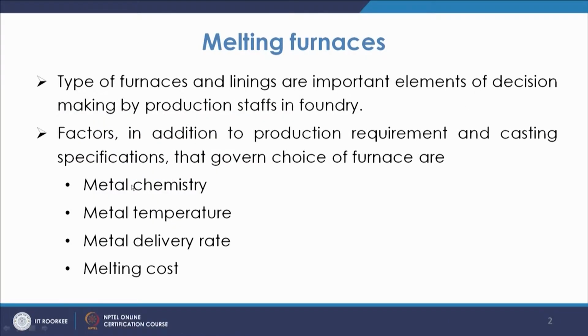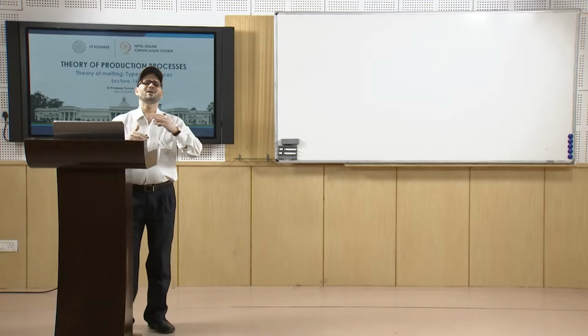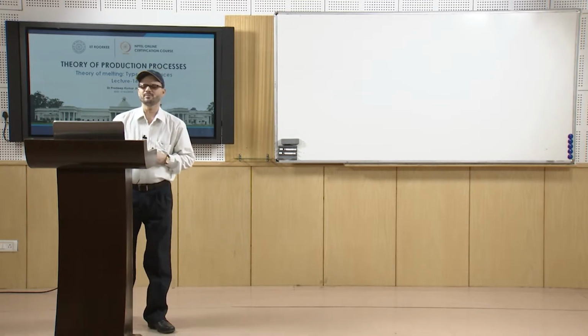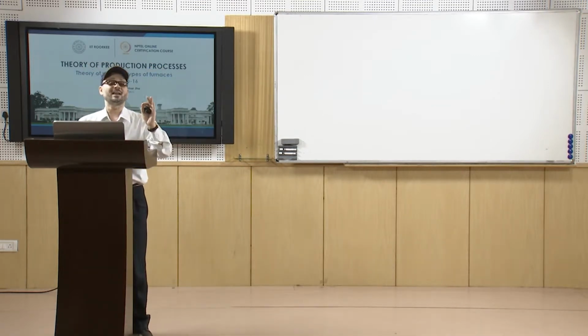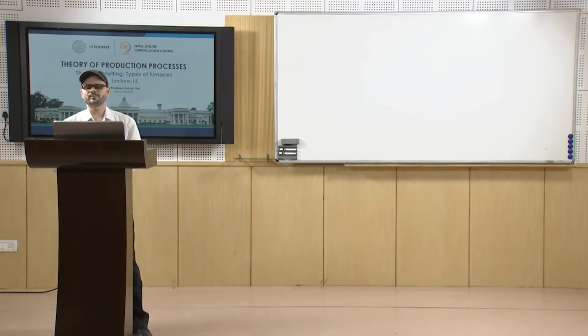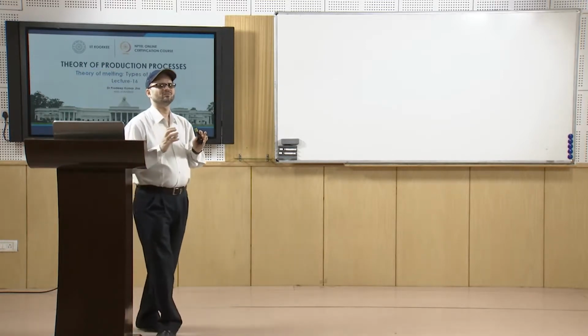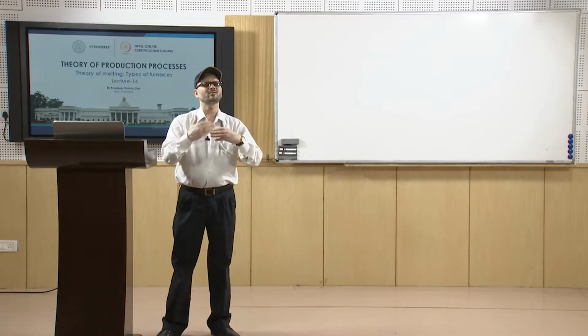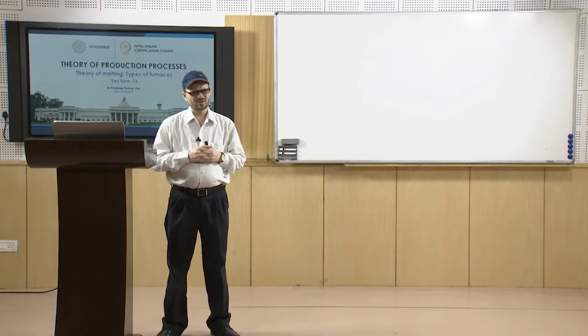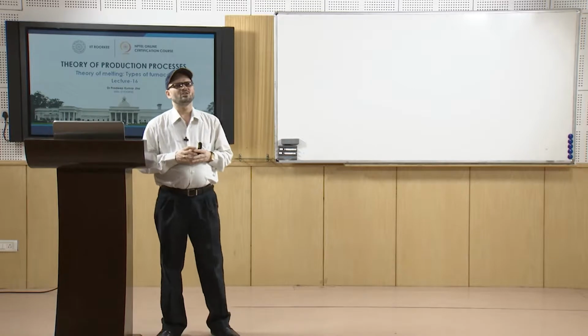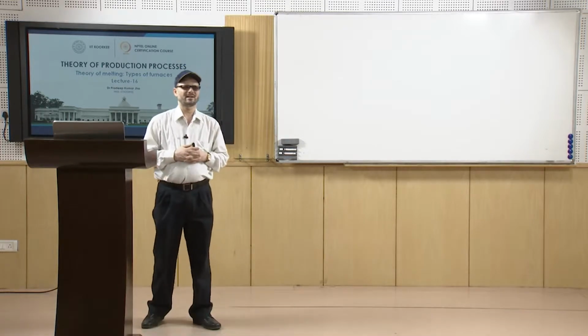This means what kind of composition the metal has, and whether the metal has a chilling tendency. Then the shape and composition of the available raw materials: what kind of raw materials you have available. Based on that also you will have to choose the furnace.